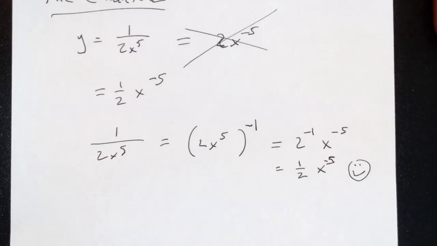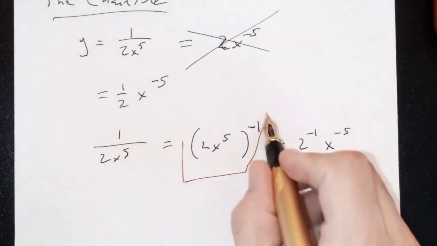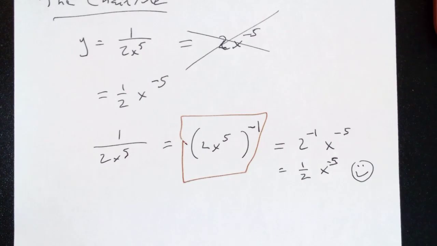But as soon as I see something like this, I start to think of myself, wait a minute. Ugly stuff to a power. What if I just thought of that as a different thing? U for ugly.